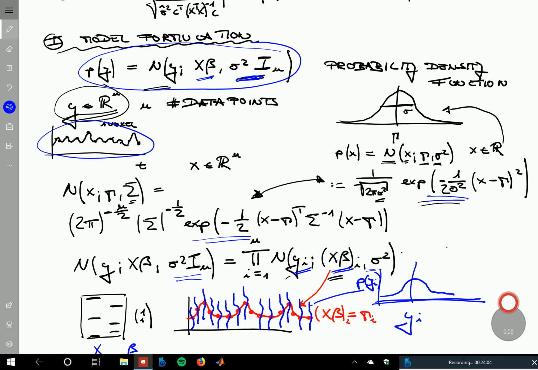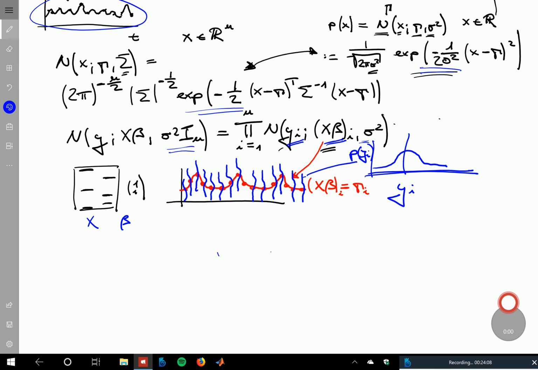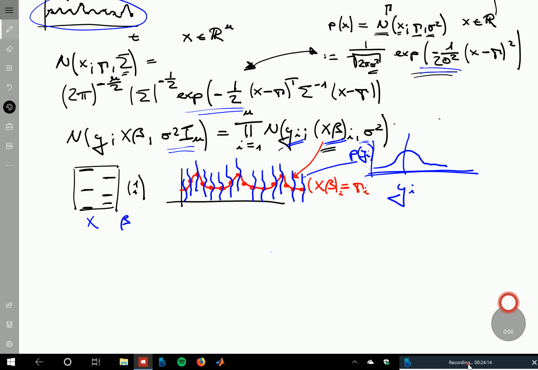What it means, maybe one last thing in terms of the intuition of this model, is what you would expect without having any data, depending on your design matrix and your beta parameters. We saw last time, of course, that you can get these predicted time series.